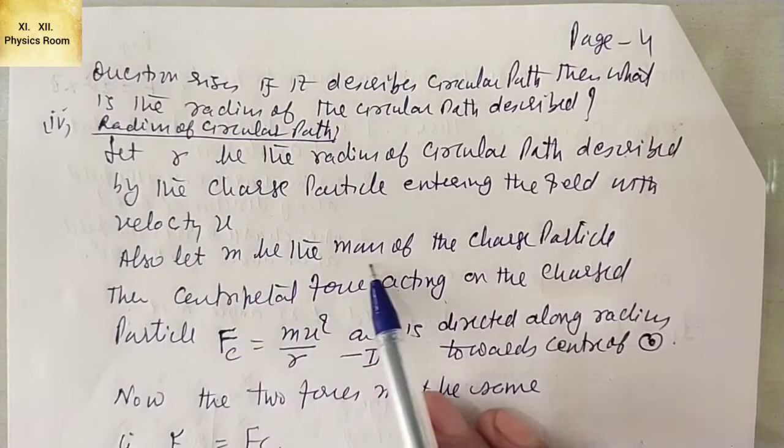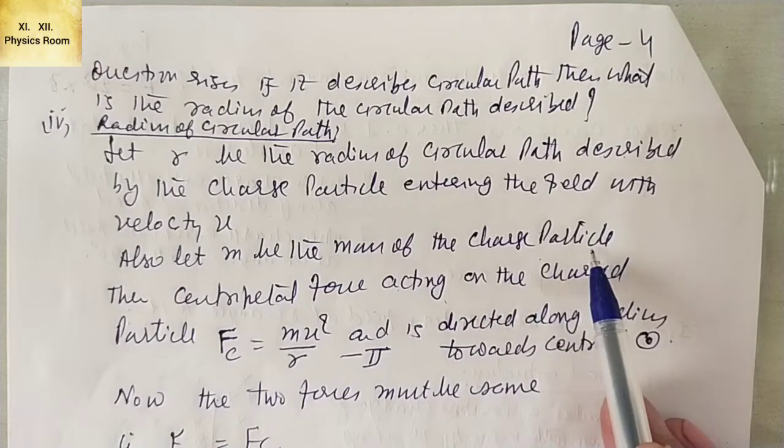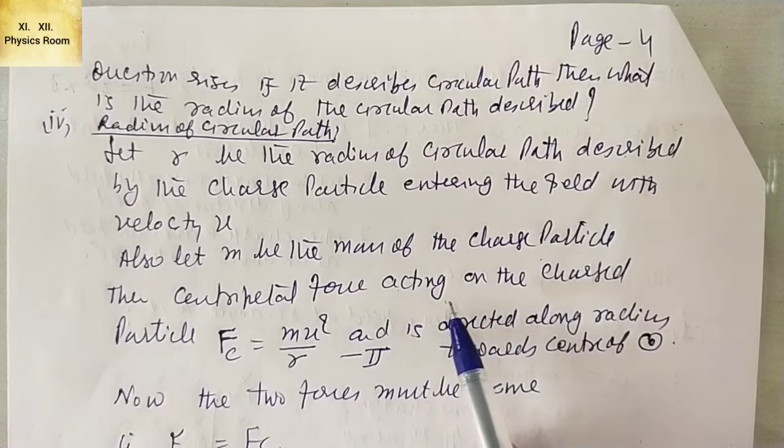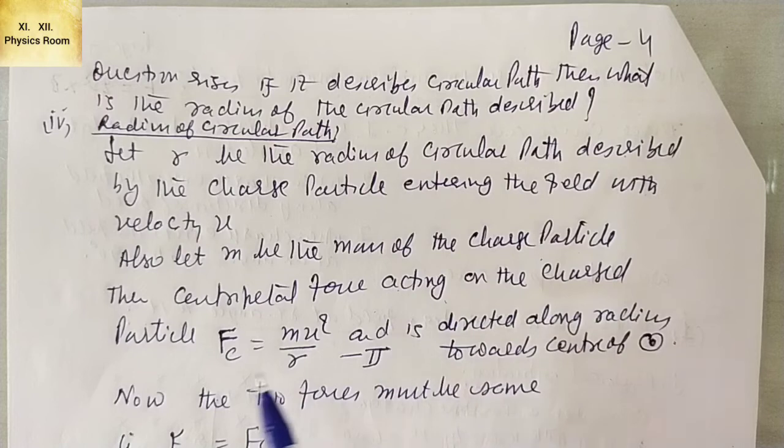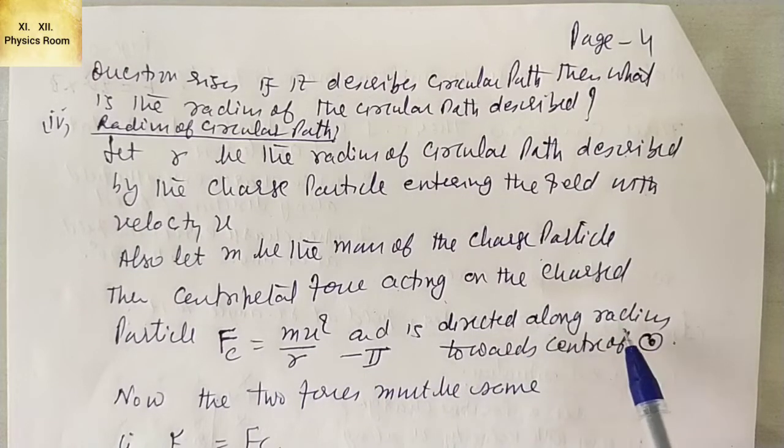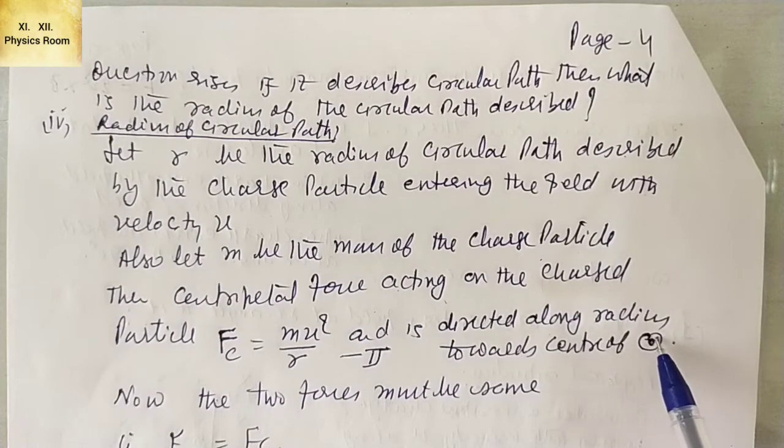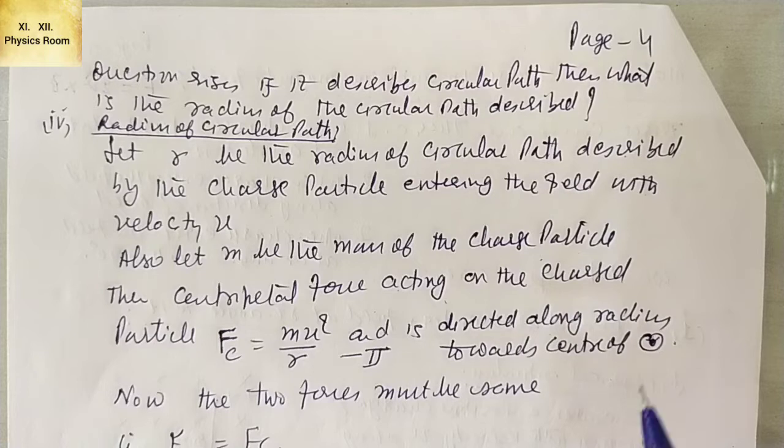Also let m be the mass of the charged particle, then the centripetal force acting on the charged particle will be Fc equal to m v square by r. Let us mark it as equation 2, and it is directed along the radius towards the center of the circle.